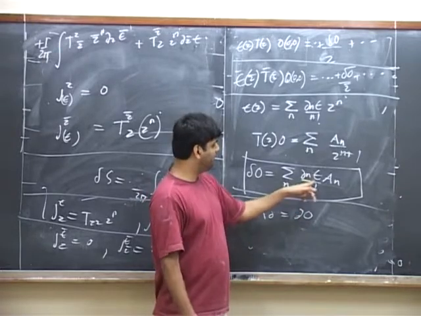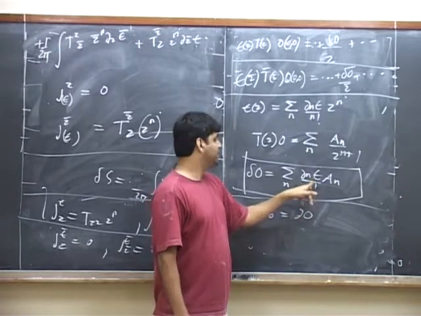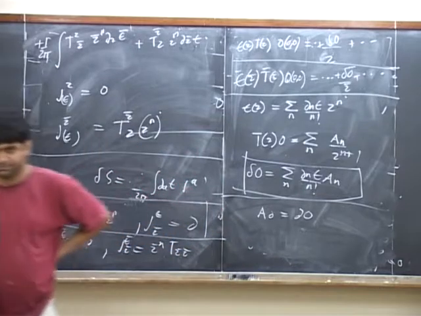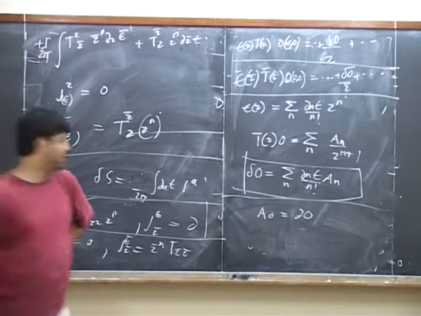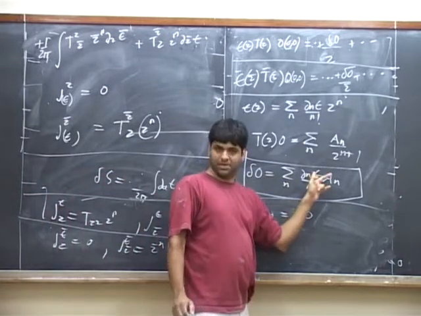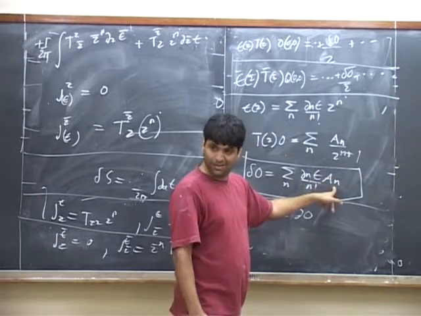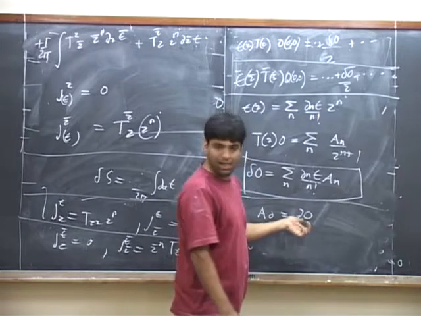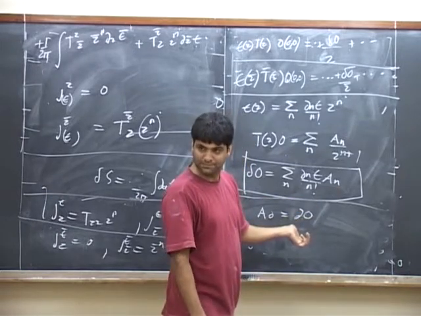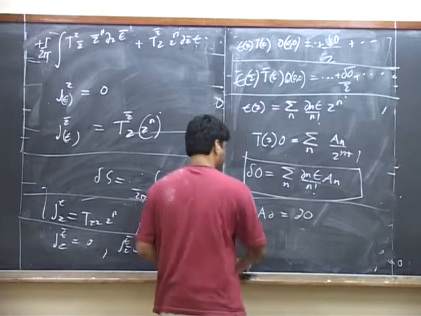But according to this formula, the only term that contributes is when n is equal to 0, because all other terms are 0, because del n of epsilon is 0. It's constant. That's A0, which is delta O.